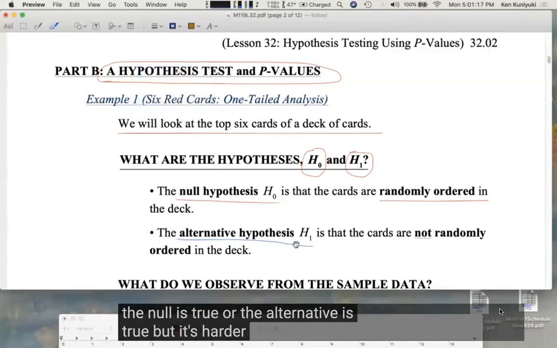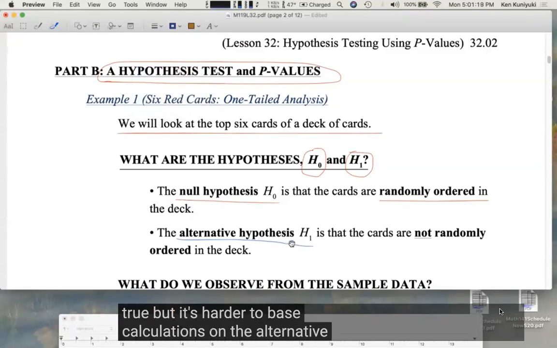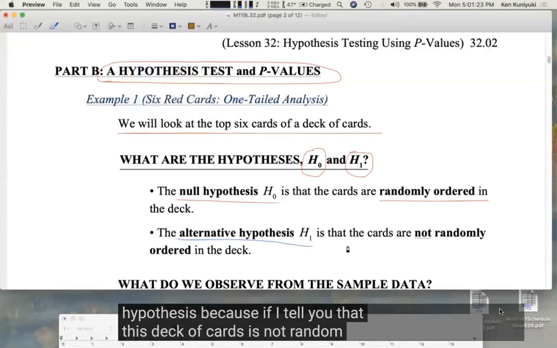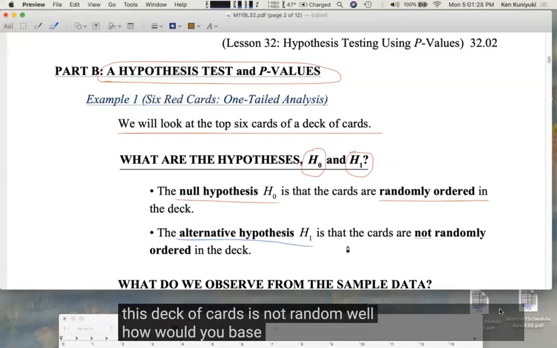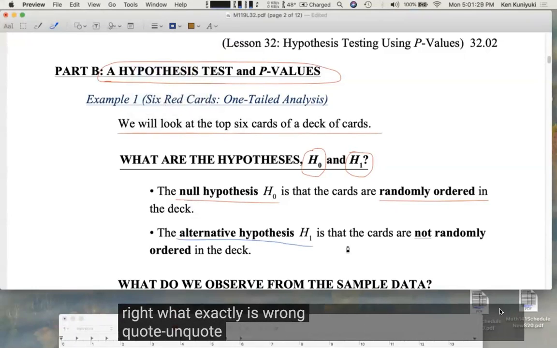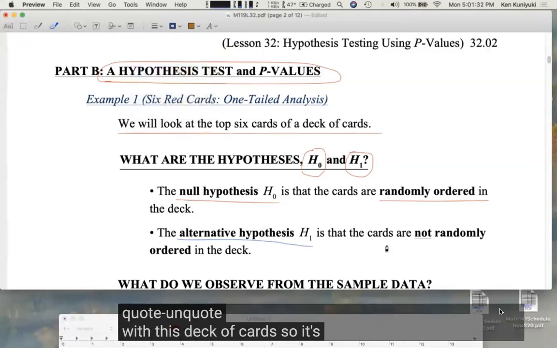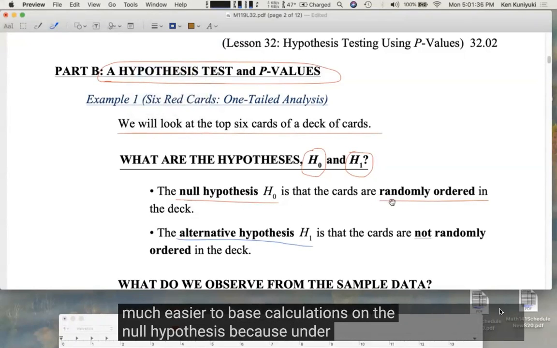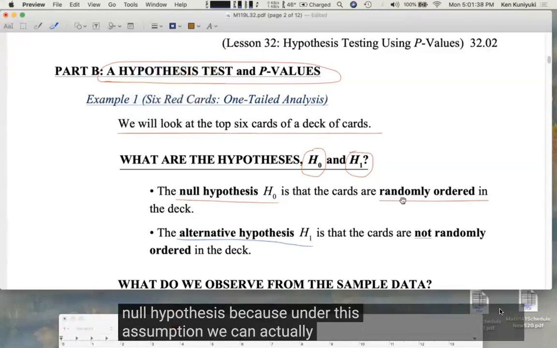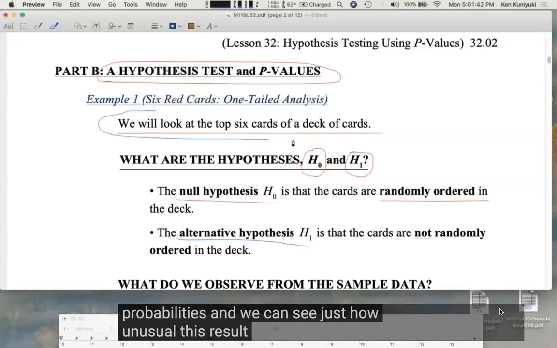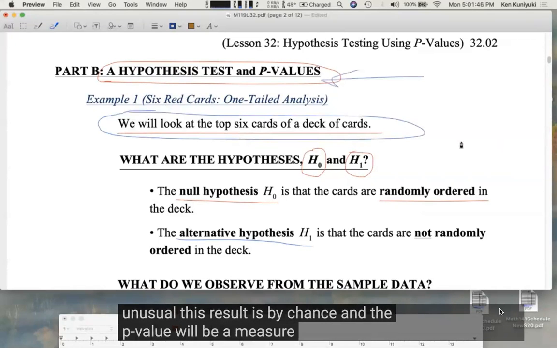But it's harder to base calculations on the alternative hypothesis because if I tell you that this deck of cards is not random, well, how would you base calculations on that, right? What exactly is wrong, quote unquote, with this deck of cards? So it's much, much easier to base calculations on the null hypothesis because under this assumption, we can actually calculate probabilities. And we can see just how unusual this result is by chance. And the p-value will be a measure of that.